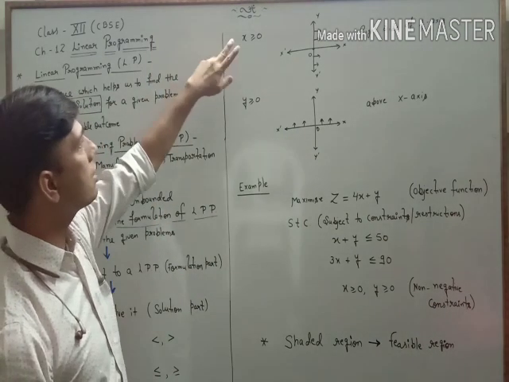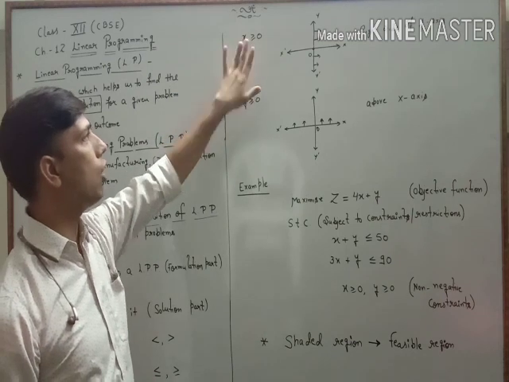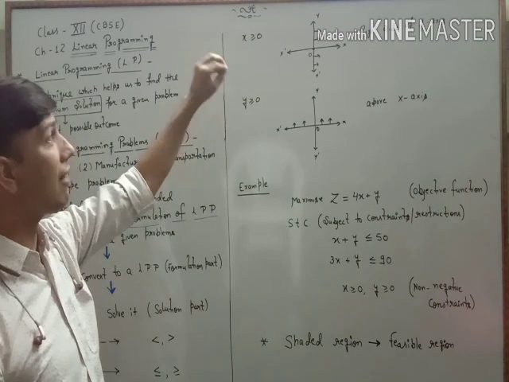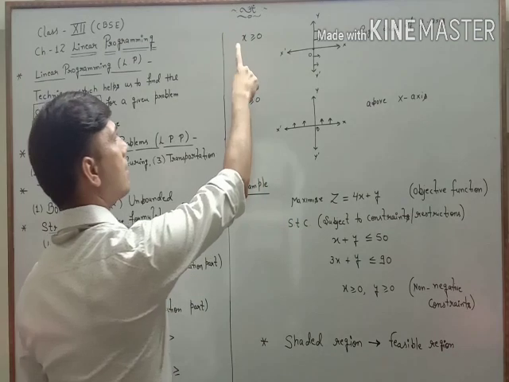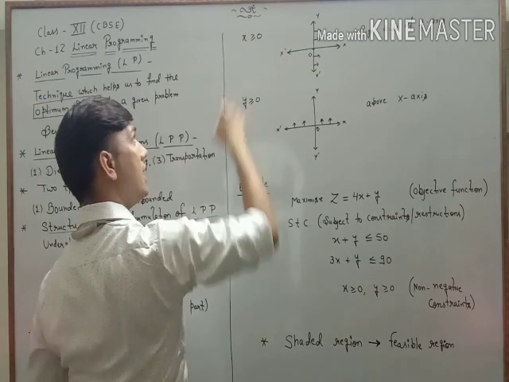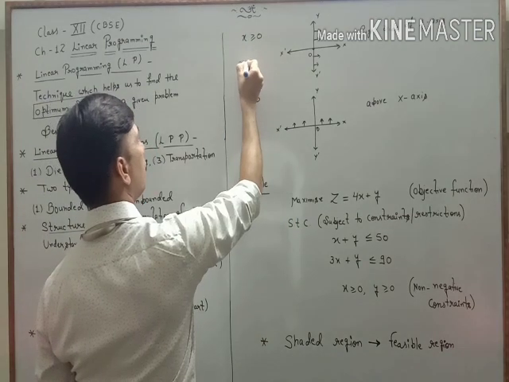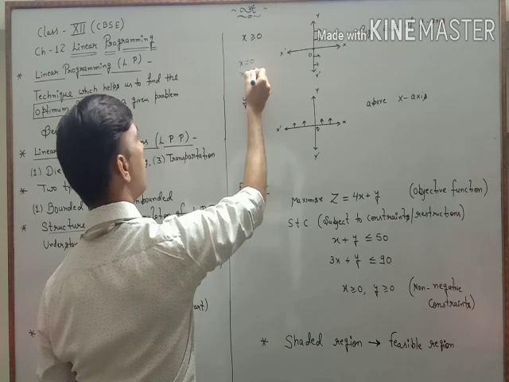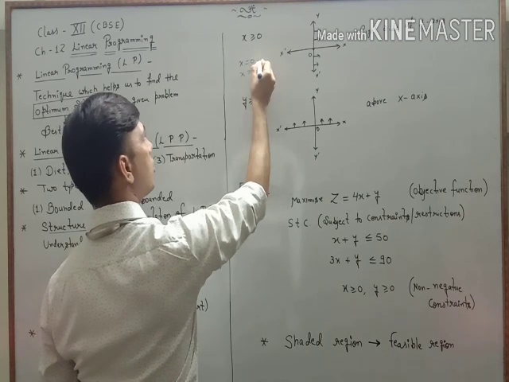Now another point is x is greater than or equal to 0 or y is greater than or equal to 0. So graphical portion, x is greater than or equal to 0 means x is equal to 0 or x is greater than 0. X is equal to 0 means y-axis.